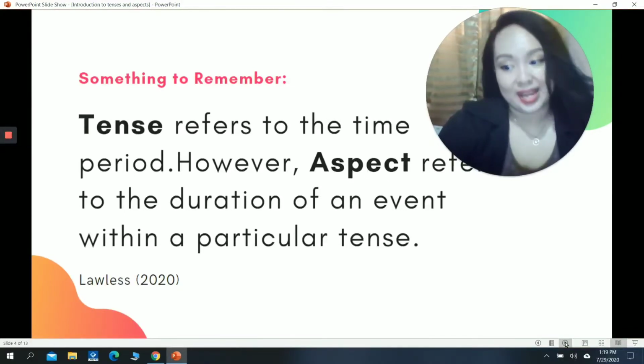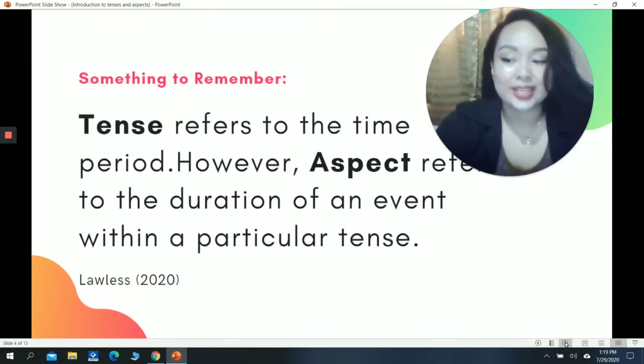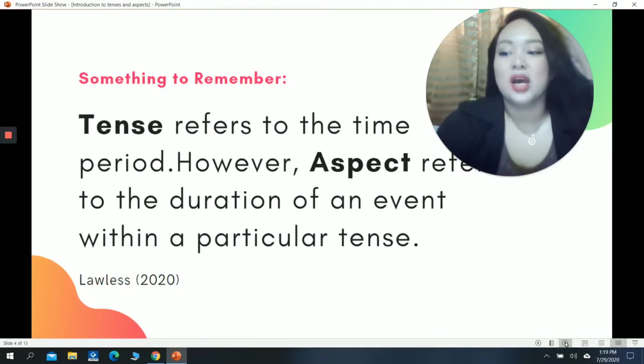While tense is a verb form that indicates a particular point in time or period of time. And according to the English study by Lewis, from 1986, he described a verb, which is the tense, as a morphological change in the base form of the verb.